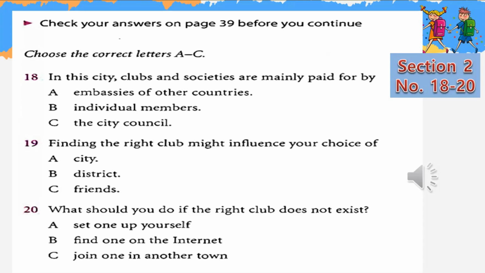You may be used to council-subsidised sports centres and the like in your home country, but I'm afraid that's not the case here. Assuming you can afford it then, you can be fairly sure that somewhere out there you'll find a club that caters for your own particular fascination. If it's very important to you and you intend to spend a lot of time on it, it might even determine which district of the city you decide to live in.